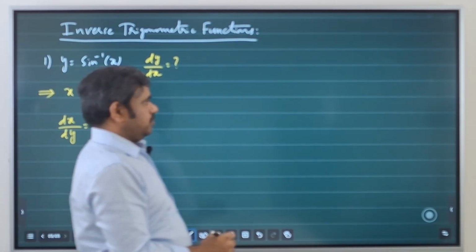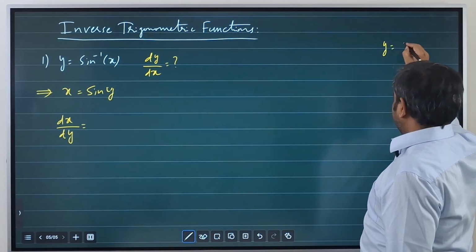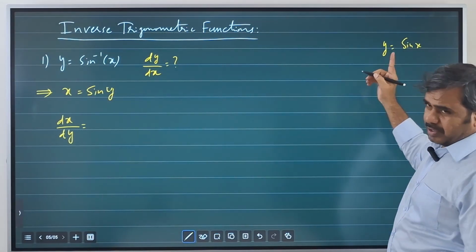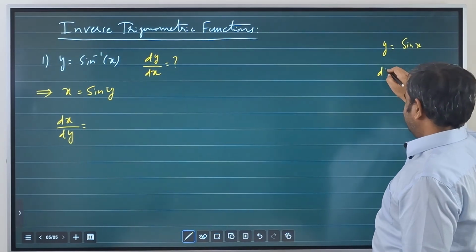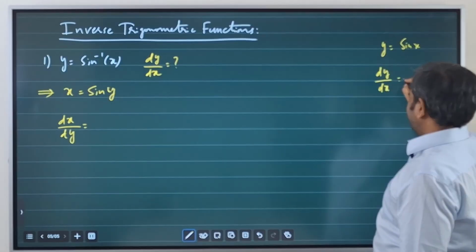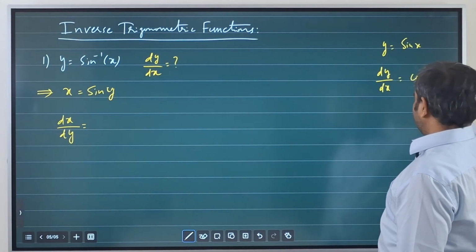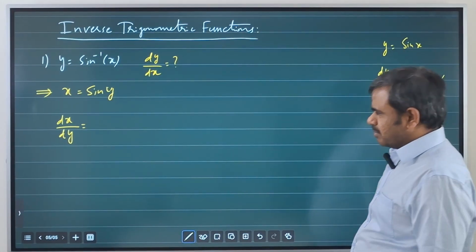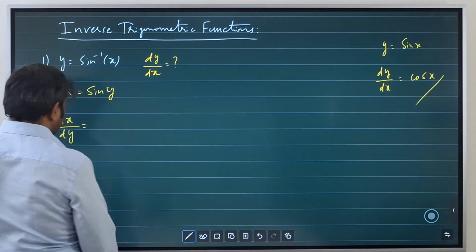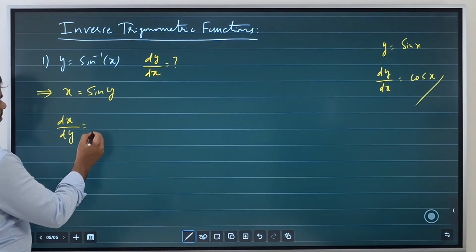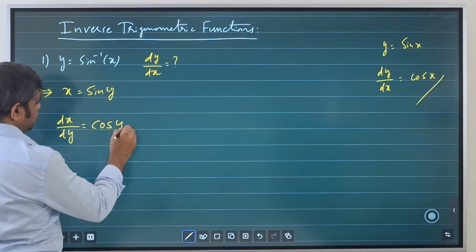We know if y is equal to sine x, we already derived this expression. If y is equal to sine x, we know dy by dx is equal to cos x. Similarly, if x is equal to sine y, dx by dy should be equal to cos y.